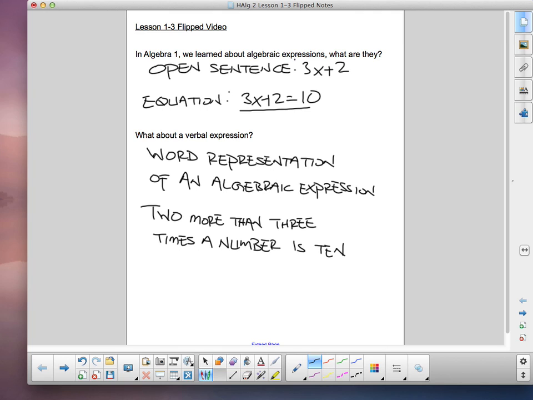Okay, these two coincide with each other. My algebraic expression and my verbal expression, both are the same thing. Now again, there's not just one way to write a verbal expression. This is just one of them. 2 more than 3 times a number is 10. Okay, you can say 3 times a number plus 2 equals 10. Lots of ways to say it. Okay, so that's our verbal expression, our algebraic expression.